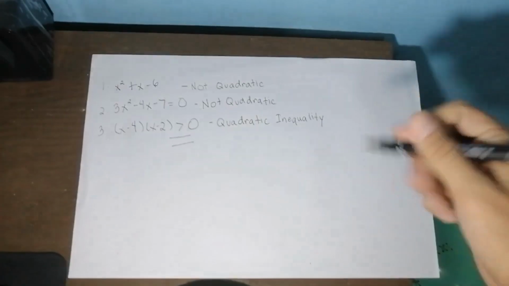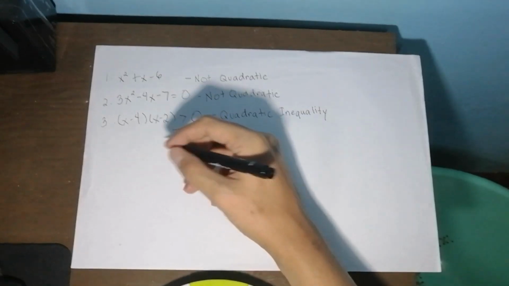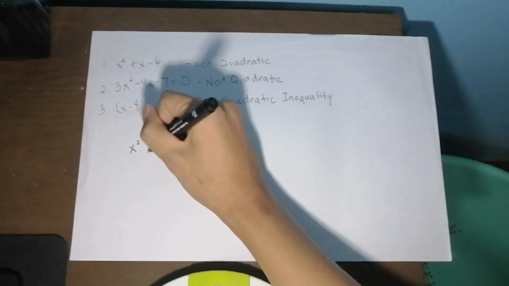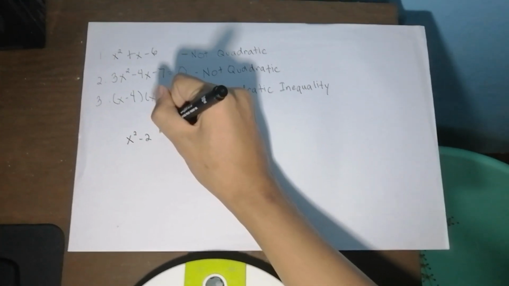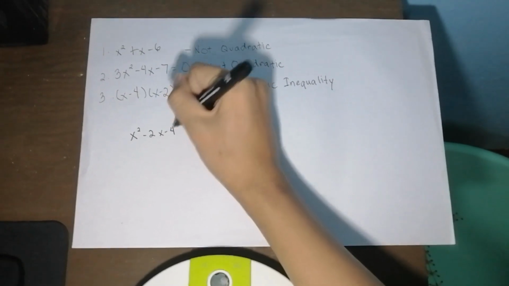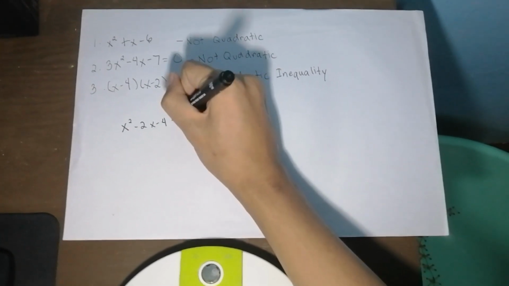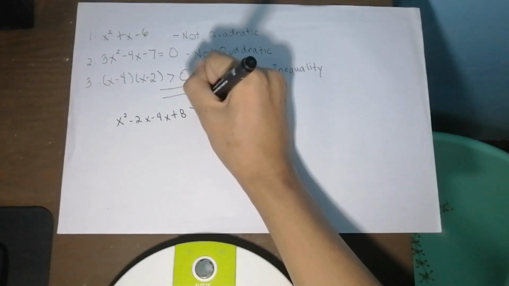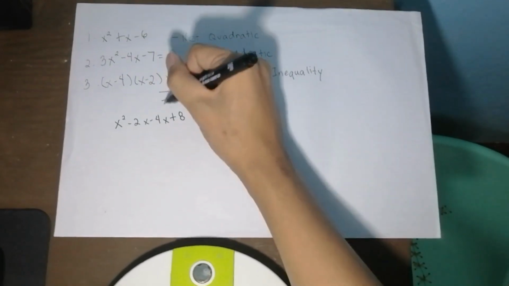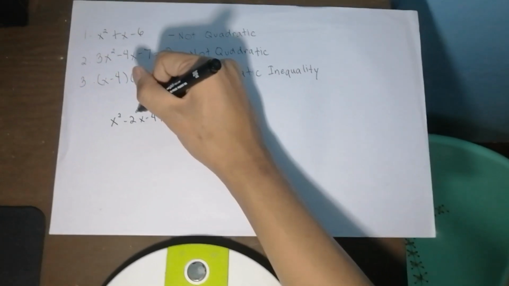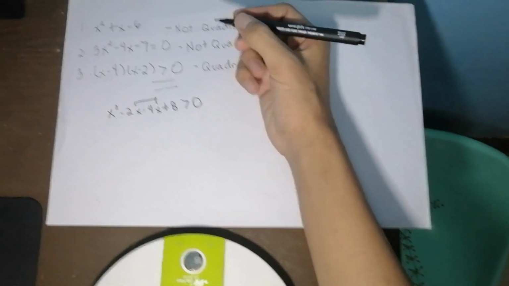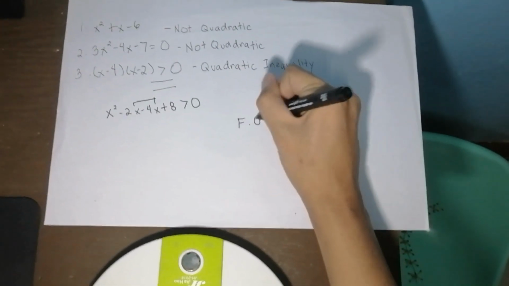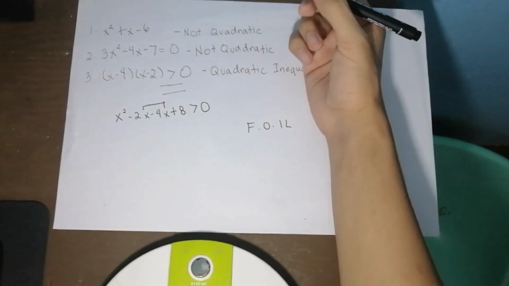So, what I am going to do for number 3 is the FOIL method: first, outer, inner, and last terms. By multiplying the first terms, the x's, I get x squared. The reason why I get minus 2x is by multiplying negative 2 and x. And the 4x comes from the negative 4 and x.